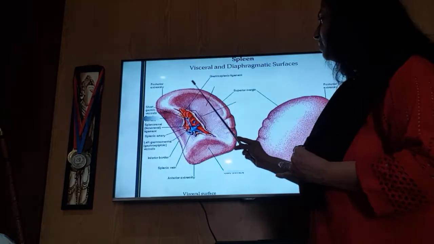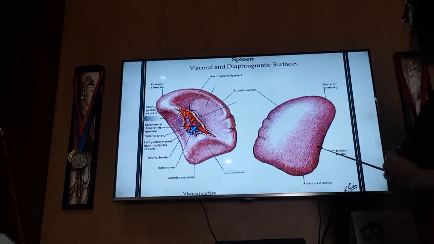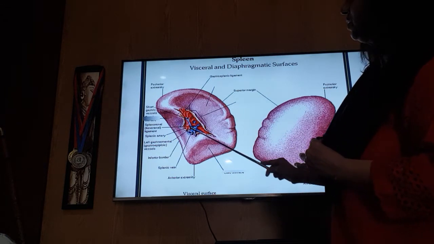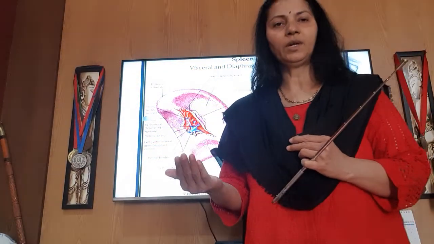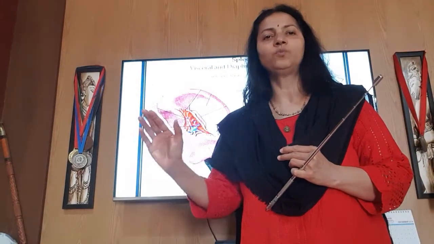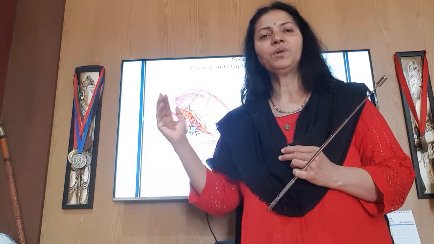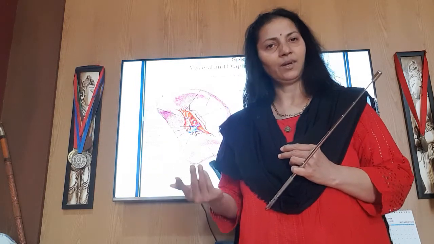The wedge shape is because of the organs which are in relation to it. All the organs which come into contact with it put a pressure, and because of that pressure, an impression is formed, and so the shape is obtained by the structure.